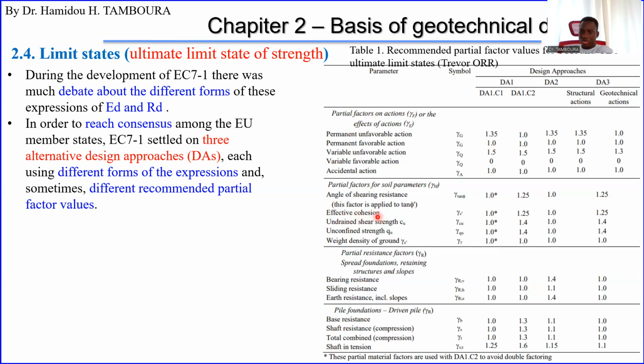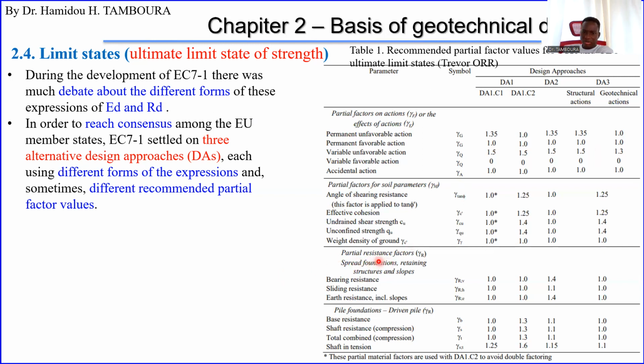Then the effective cohesion c prime, gamma c prime. Undrained shear strength, cu, the symbol is given here. Unconfined strength, qu, gamma qu, and the partial factors are given here in each situation.